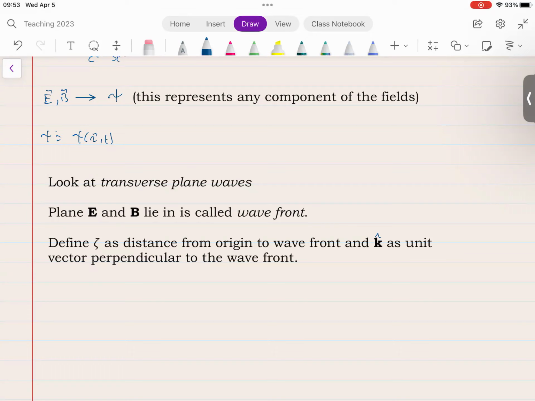That's going to be my unit vector. That means that k hat dot r is equal to zeta. The reason why I needed the symbol is that you will never know what I'm writing here, even though I'm telling you. And on a given wavefront, this is going to be a constant. A wavefront is a plane of constant zeta.